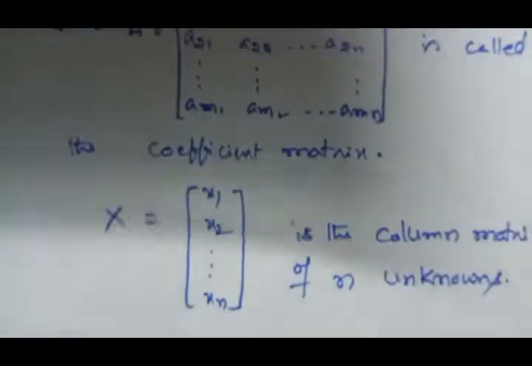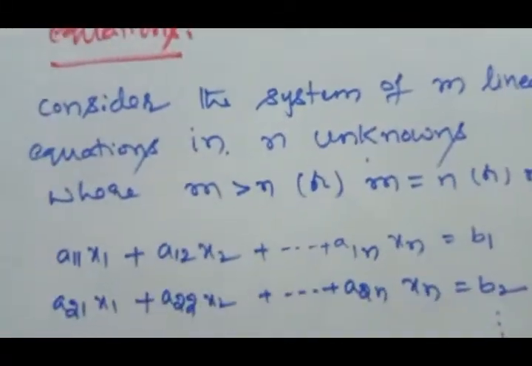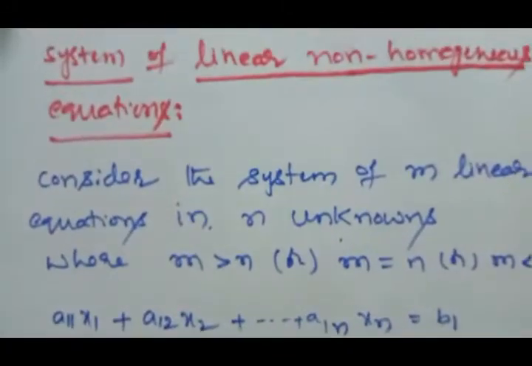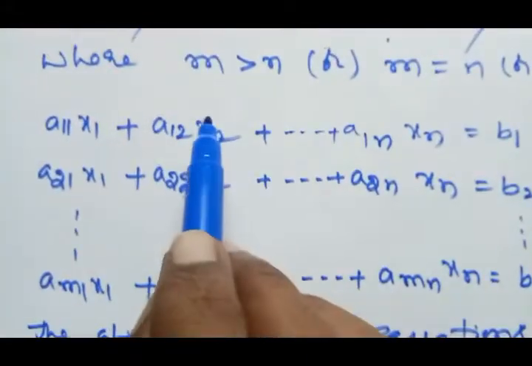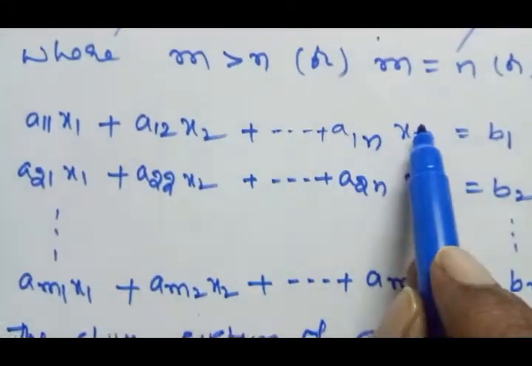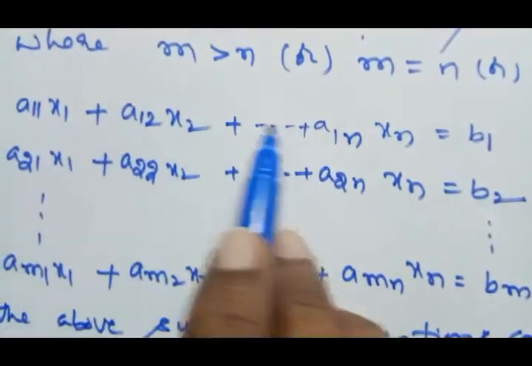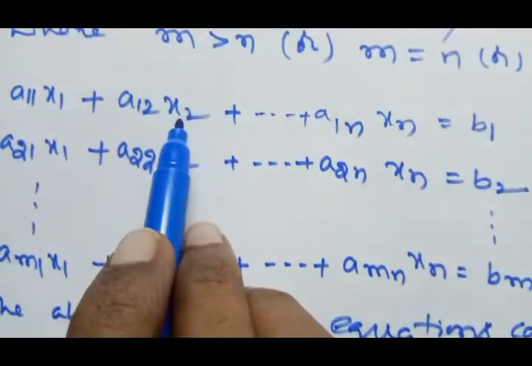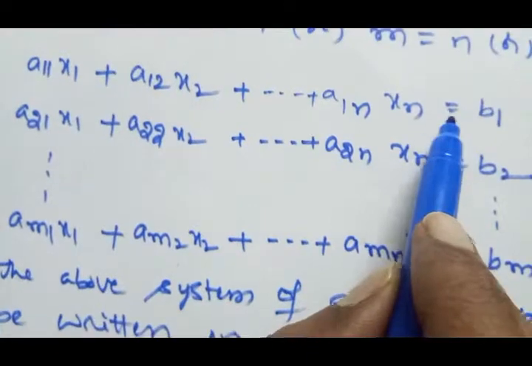First of all, why is this a linear system of equations? Here the degree of x1 is 1, degree of x2 is 1 and so on, degree of xn. The degree of each unknown in this equation is 1. So this is called a linear equation.